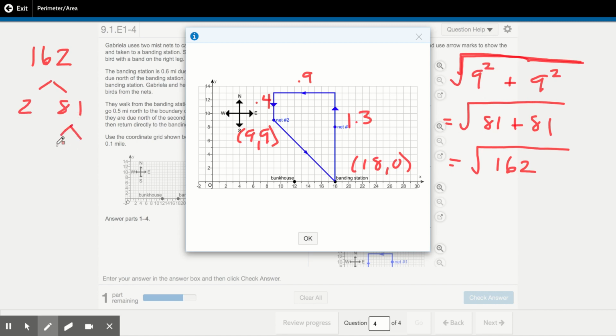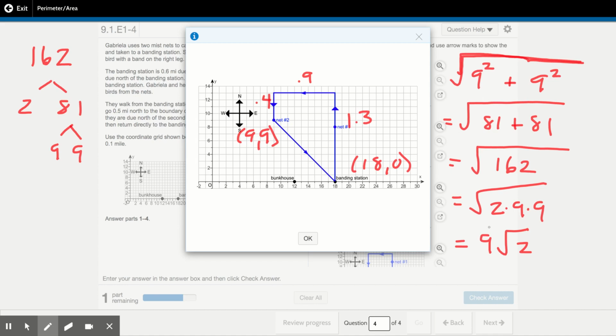How do I know? Because 81 is 9 times 9. So underneath my radical, I will have 2 times 9 times 9, and that will give me 9 square root of 2. Why is that important? Because I want to keep training you on how to break down these radicals. However, for this typical question, what we're going to need is just the square root of 162.